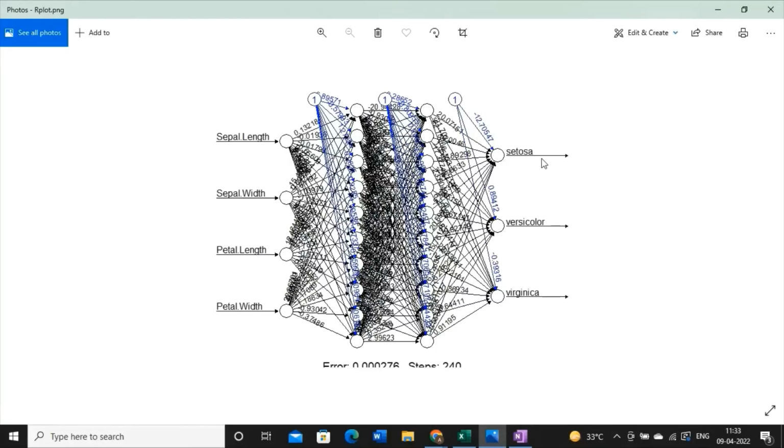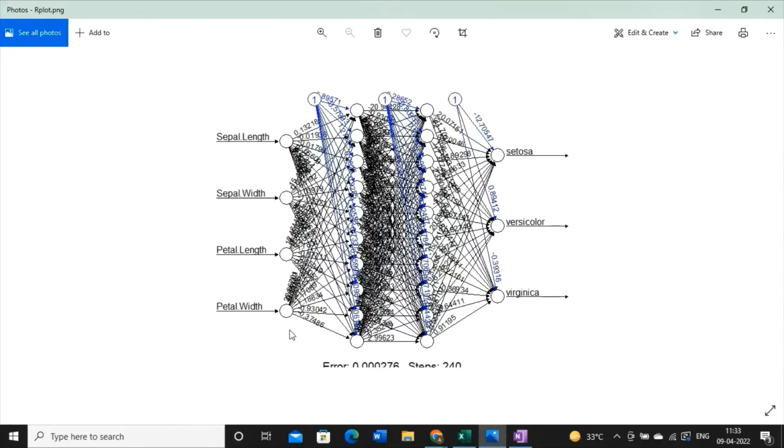So from this, you can guess that in the output layer, you will have three nodes. Why three nodes? Because we have three flower types. And as input nodes, you will have four inputs because we have four features in the data set.